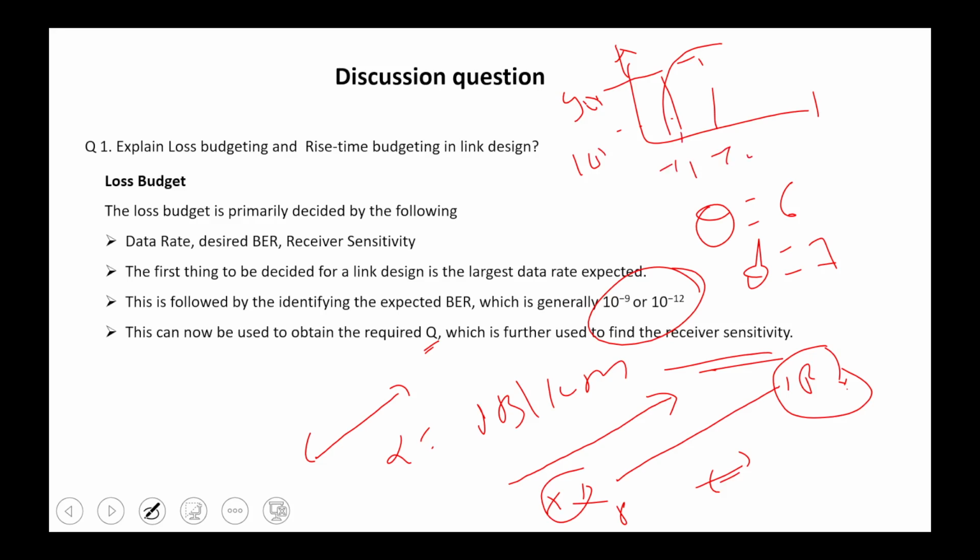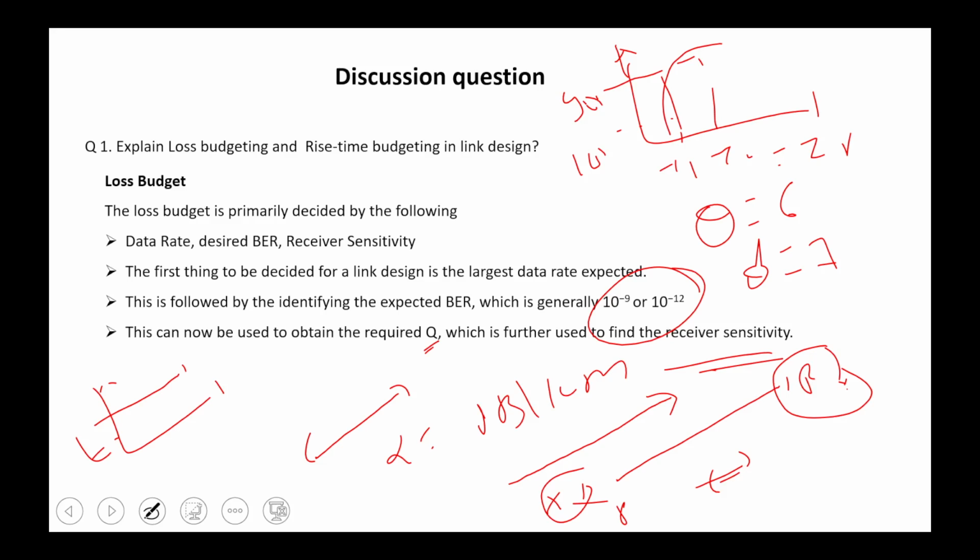T1 and T2 are the times at 10% and 90%, and their difference gives the rise time. We take the bandwidth at t equal to 0, and the graph settles to a constant value.